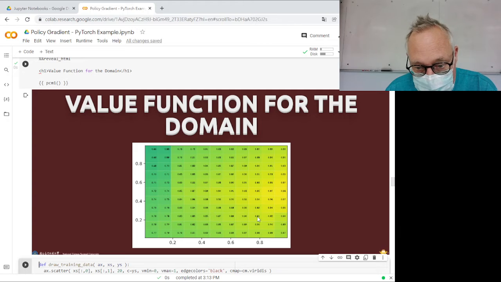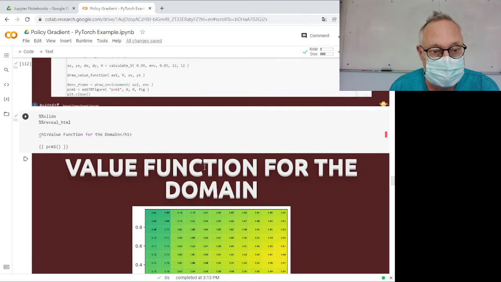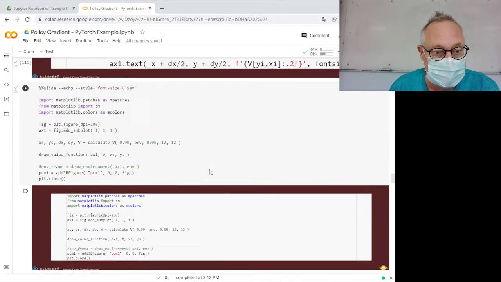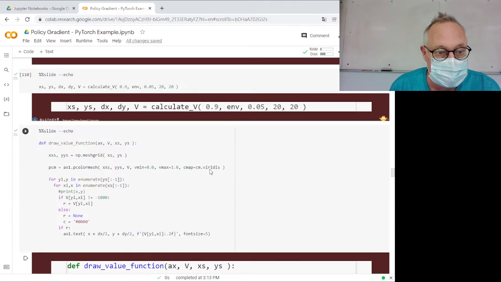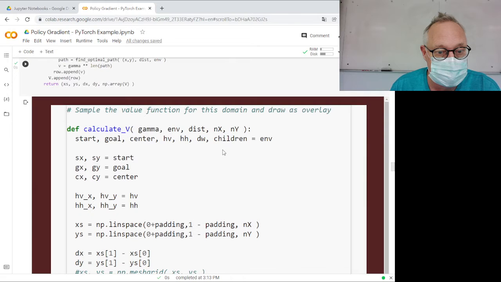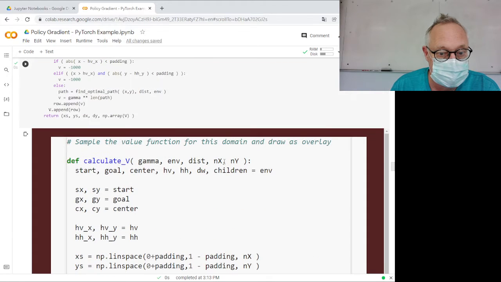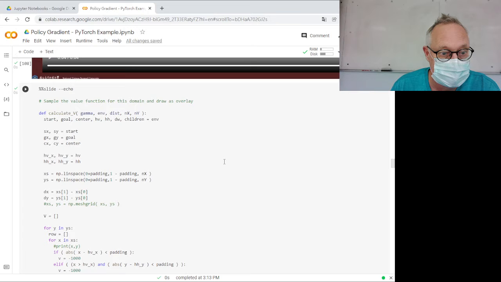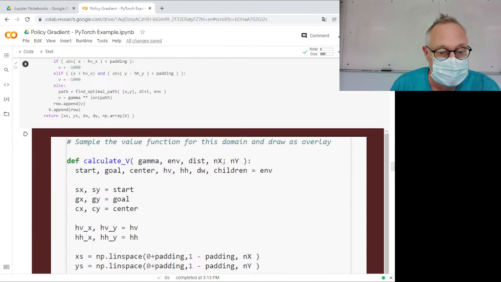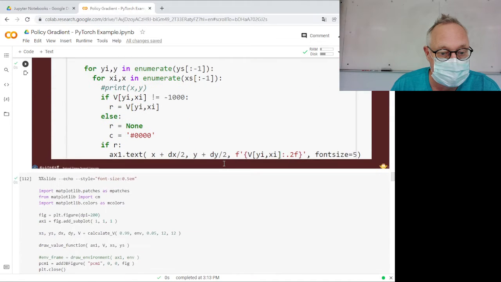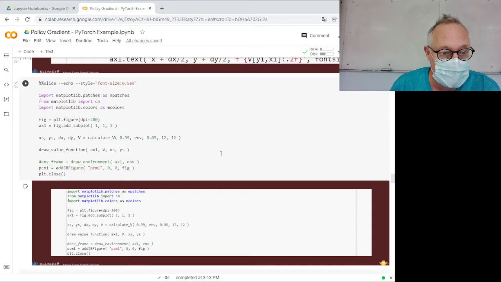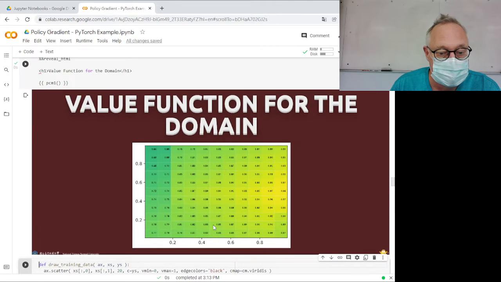And down here, not so easy to recognize the discontinuity due to the horizontal wall in the environment. So this is what we have here.